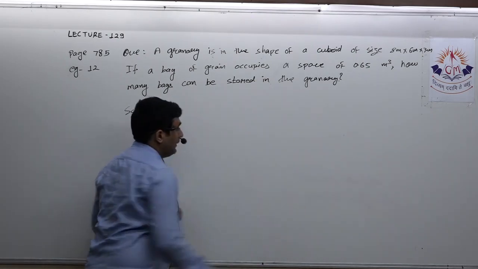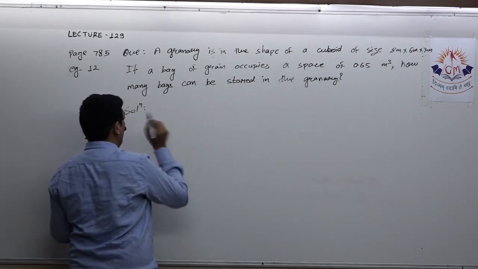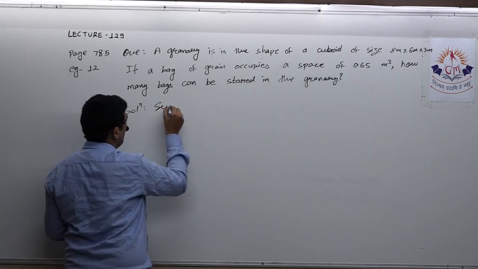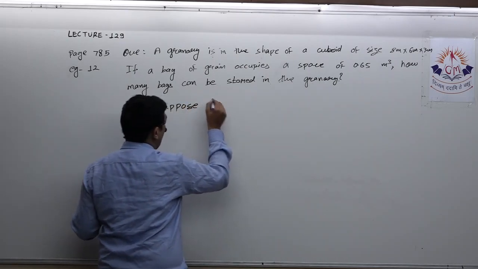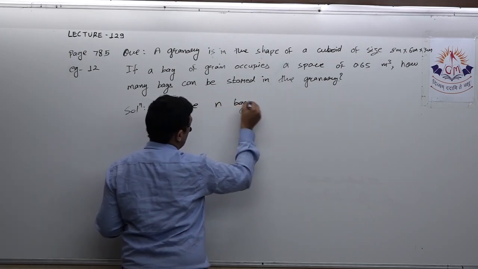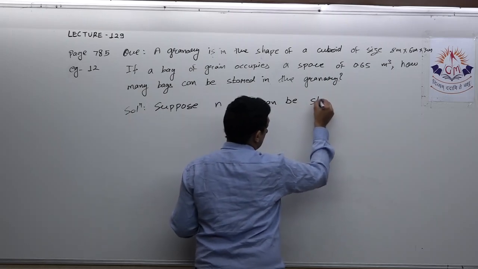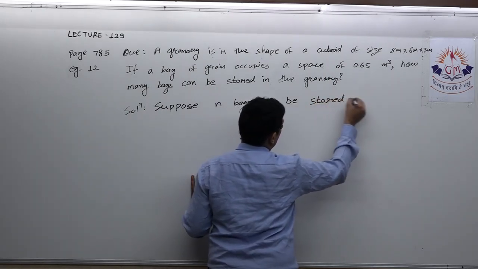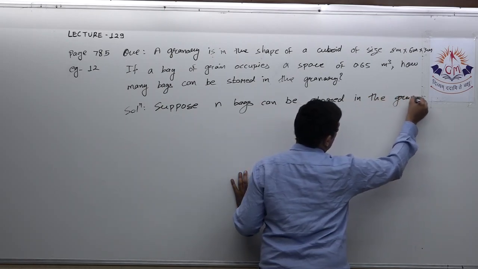So here the number of bags is not given, that we have to find. So I will start with, suppose n bags can be stored in the granary.